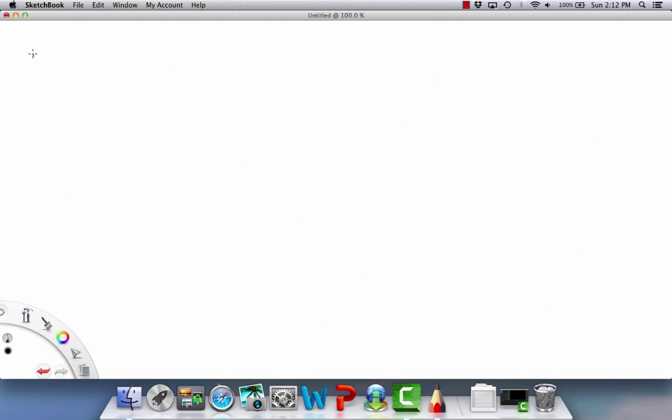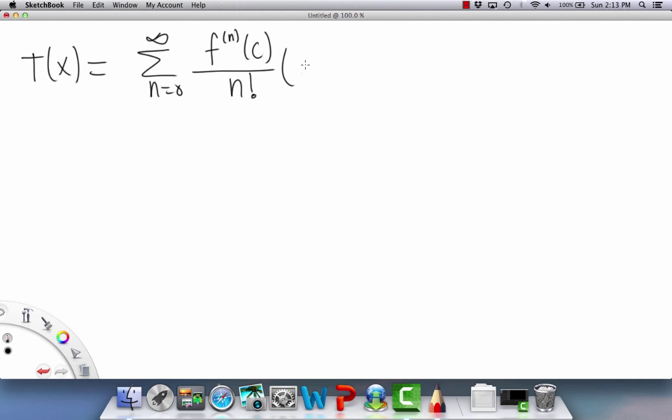So this is called the Taylor series expansion. So let's say we have this, right? And then instead of a sub n, which we said was this following thing over n factorial, and then we have (x minus c) to the n.